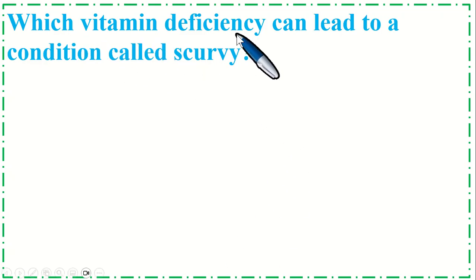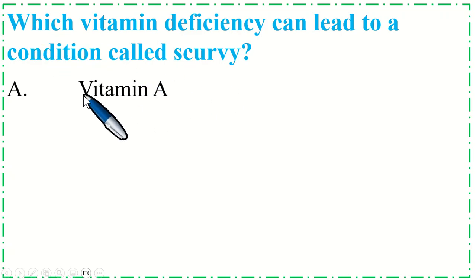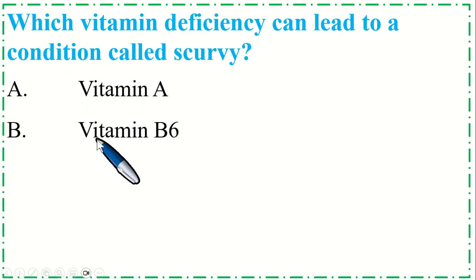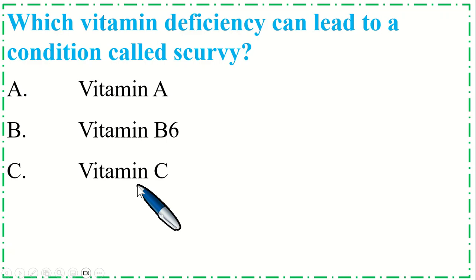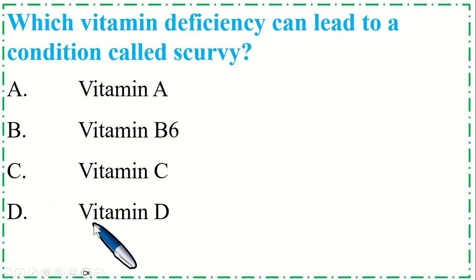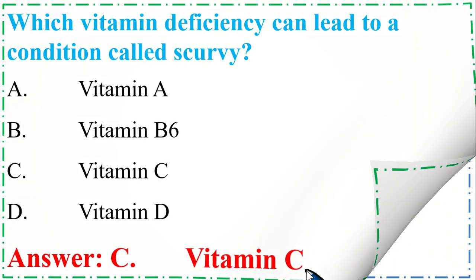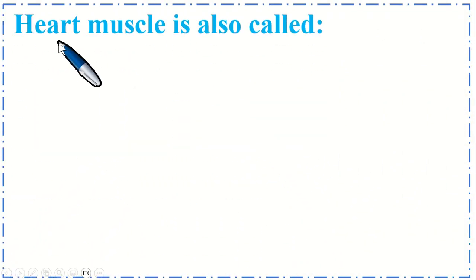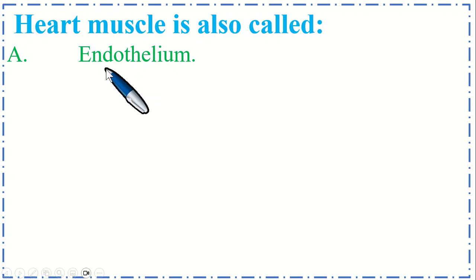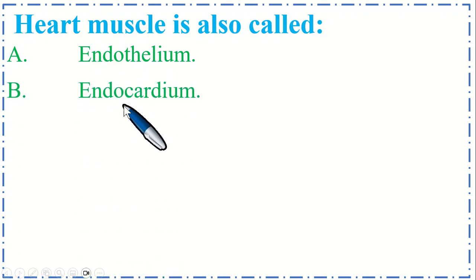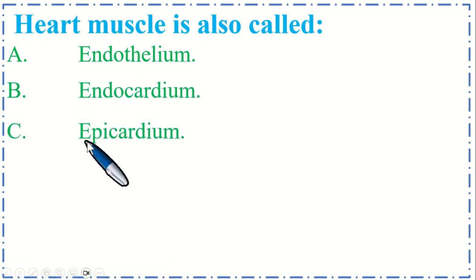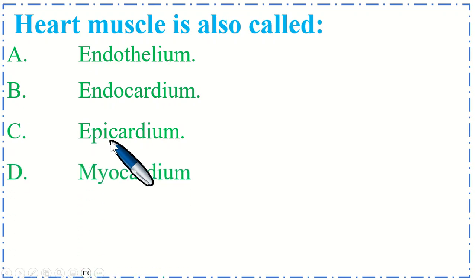Which vitamin deficiency can lead to a condition called scurvy? Option A vitamin A, B vitamin B6, C vitamin C and option D vitamin D. So the correct option is C vitamin C. Heart muscle is also called option A endothelium, B endocardium, C epicardium and option D myocardium.